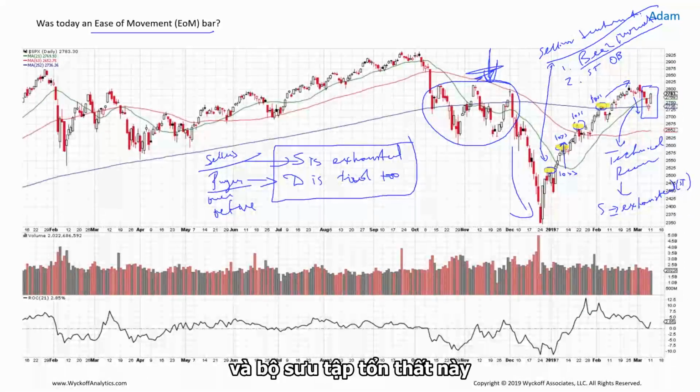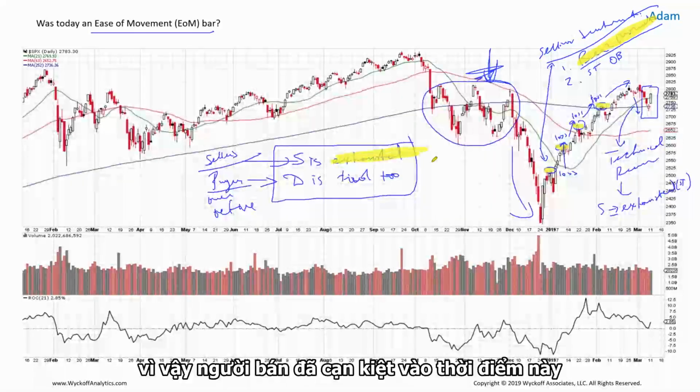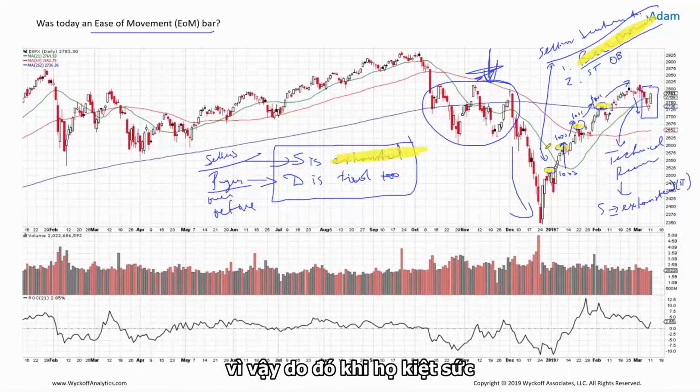And this collection of losses, even though they are still extremely sure that this is a bear market, leads them to the state of exhaustion. So sellers are exhausted at this point. So when they are exhausted, especially emotionally, what do you think they're going to do? They're going to withdraw from the market, and they also become inactive.